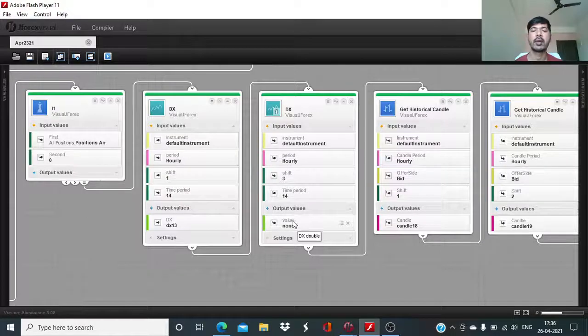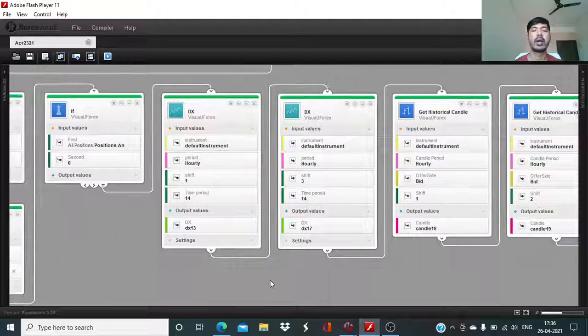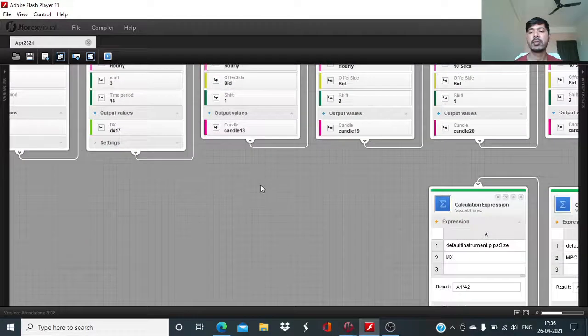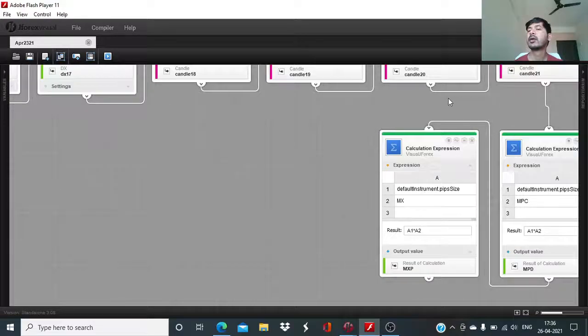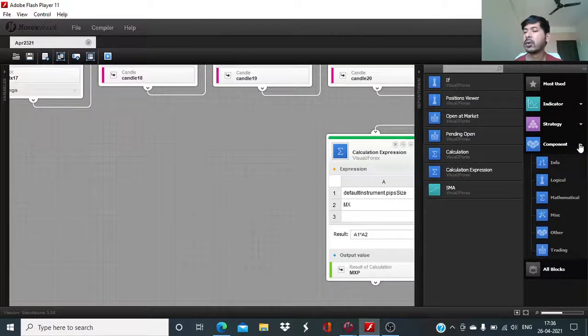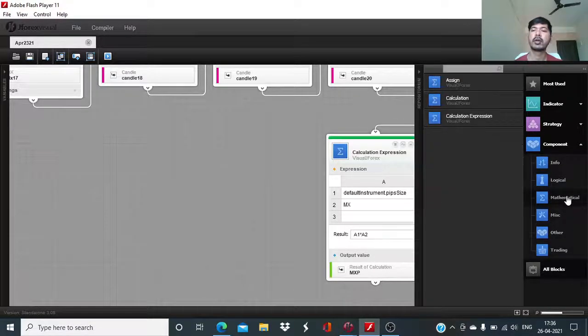So for that we will have to make sure that this DX13 is more than or equal to twice the DX17. So we will have to make that calculation as well. Now let us get to these calculations using the calculation expression block.